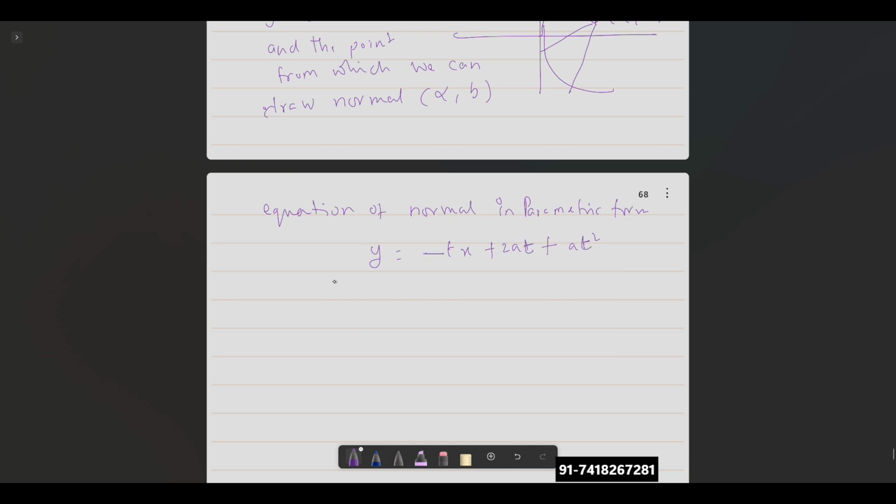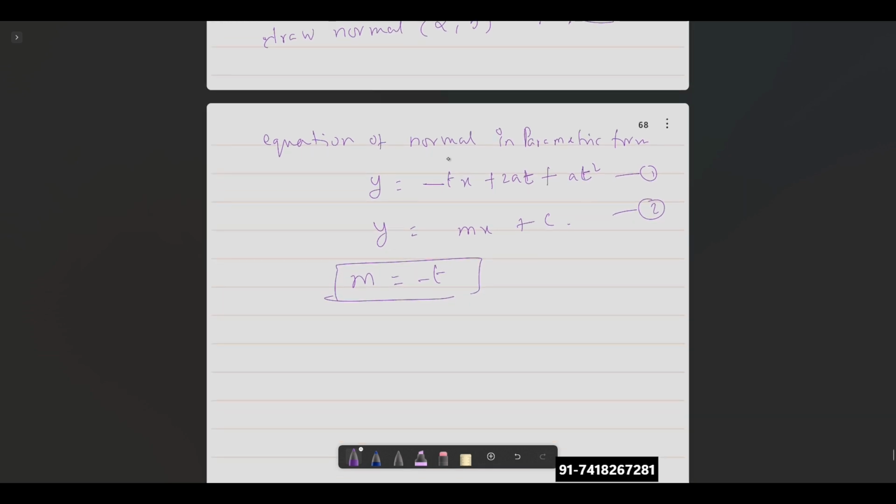Okay, so if m is the slope, this is very similar to y is equal to mx plus c. If you compare these two equations, your slope will be minus t. Since we have the slope, I can rewrite t as minus m.